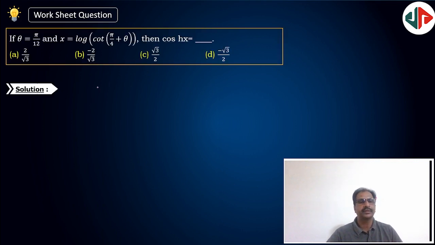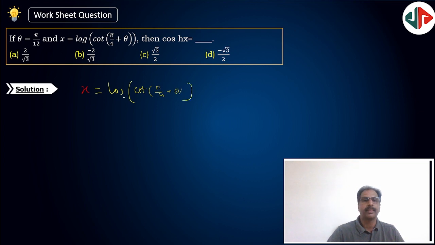So next question is, if theta is equal to pi by 12 and x is equal to log of cot of (pi by 4 plus theta) base e, then what is cosh x? Same question we did.